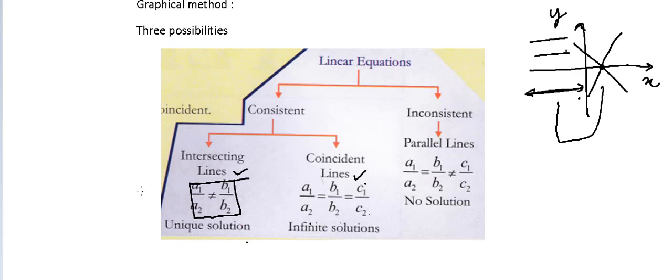By checking these conditions, you can directly say whether the linear equation is consistent or inconsistent. And you can also check whether you will get a unique solution, infinite solutions, or no solution. So this is the first method, the graphical method, in which you will get the three possibilities, and these are the conditions through which you can check whether your linear equation is consistent or inconsistent.